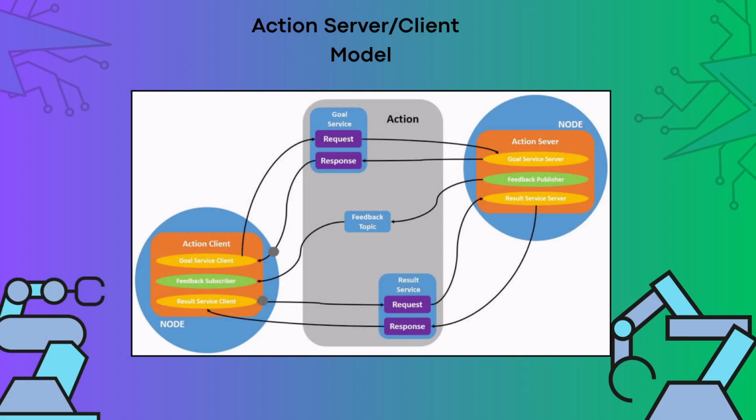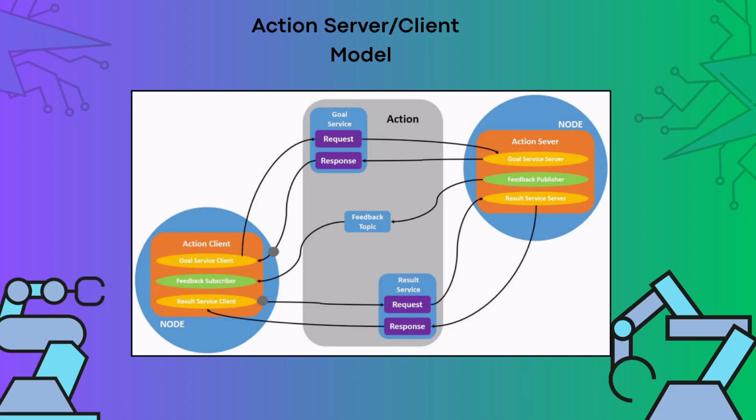Now let's move on to the third major communication pattern in ROS2, the action server client model. Actions are designed for long-running tasks that take more than a split second, where you want feedback while the robot works, and the ability to cancel the task if needed. Here is how it works. A client sends a goal, the action server accepts the goal and starts processing it.